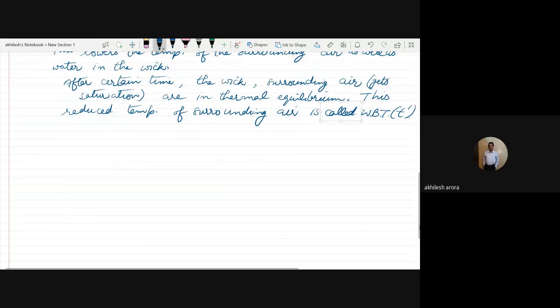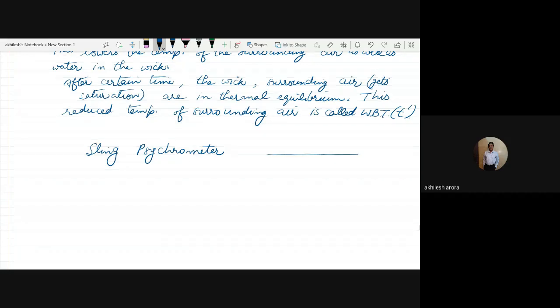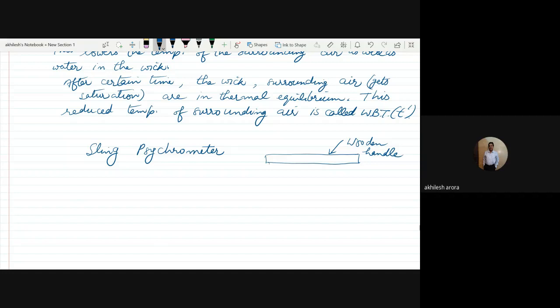See, we have a sling psychrometer. Now, what is this sling psychrometer? This is a device, something like this. Okay, see, this is the wooden handle actually. And here we have two thermometers which are see here only.